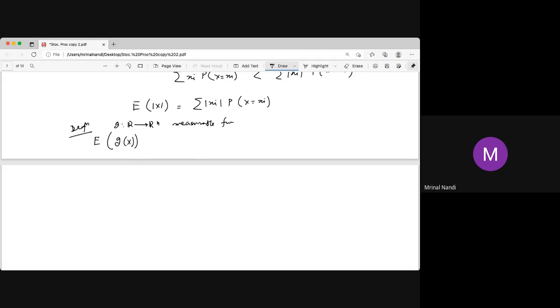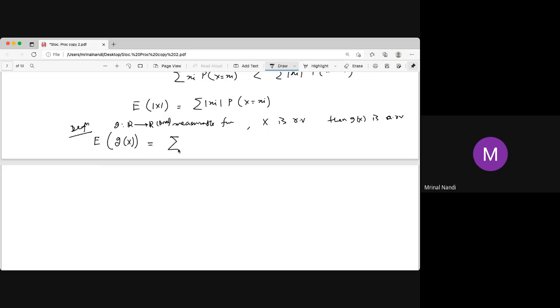If X is a random variable and g is Borel measurable, then g(X) is also a random variable, as we already proved. If it is not Borel measurable, then g(X) may not be a random variable. So now we consider g(X) as a random variable, and its expectation is defined like this.